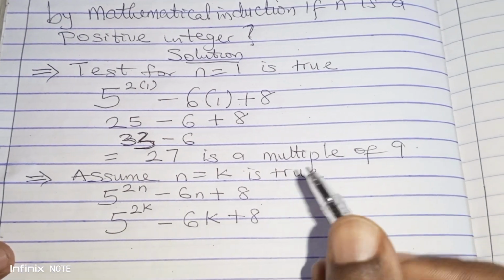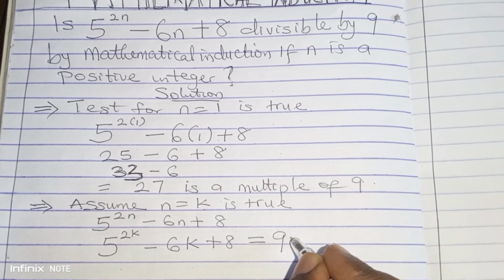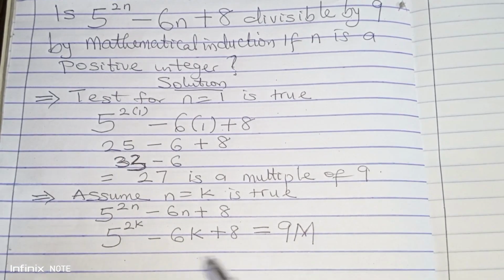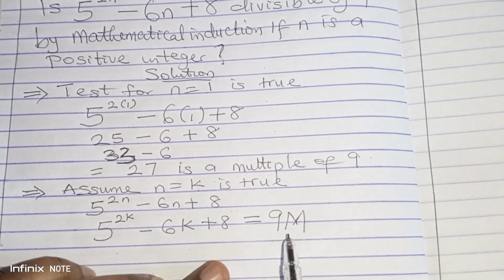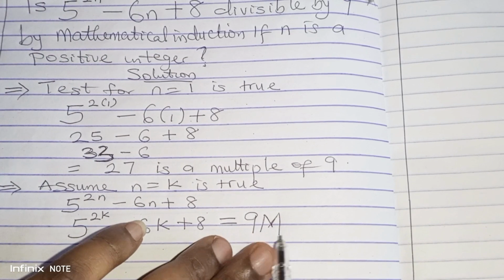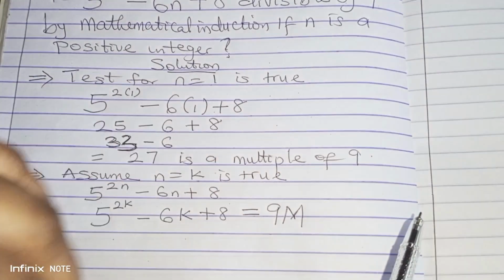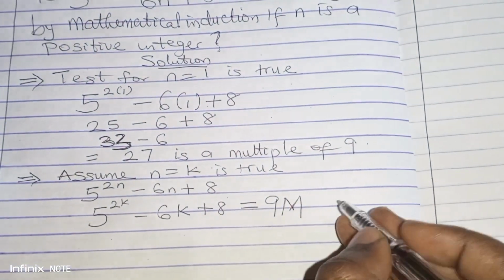So here, I'm assuming that it is true. So I'll now say 9m. Because we are assuming that n is equal to k is true, we want to assume that it is divisible by 9. So if you multiply any number by 9, that means the answer gotten will be divisible by 9. So let's keep this one.